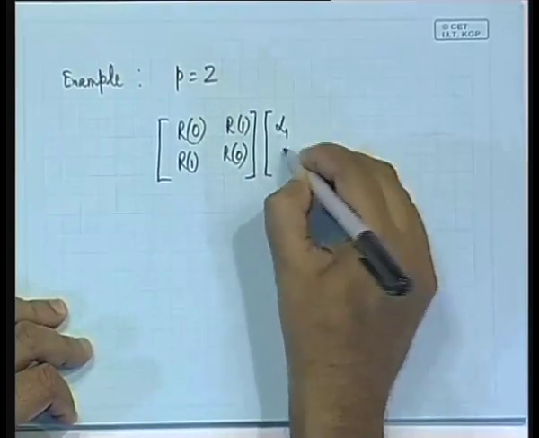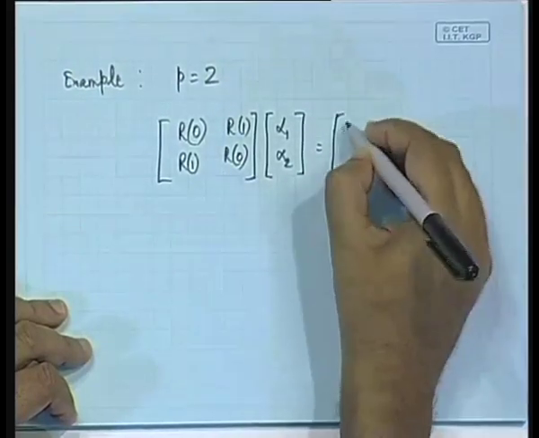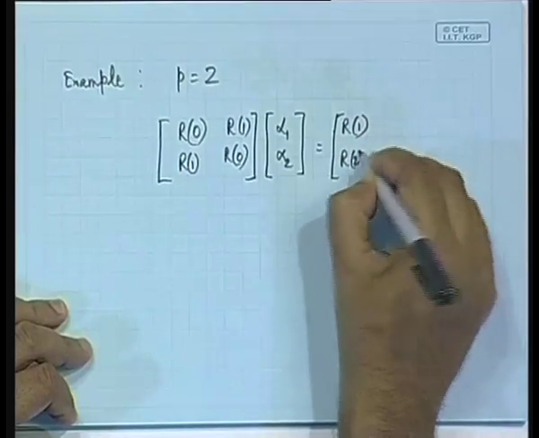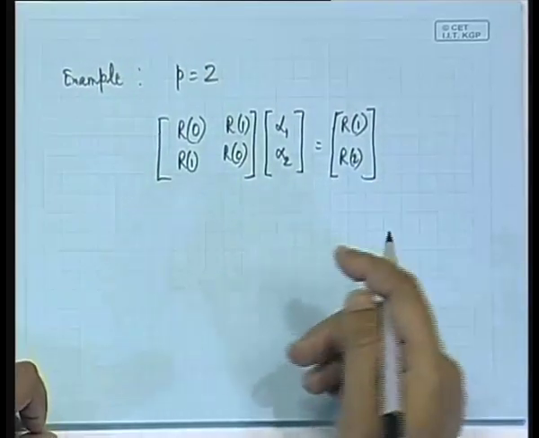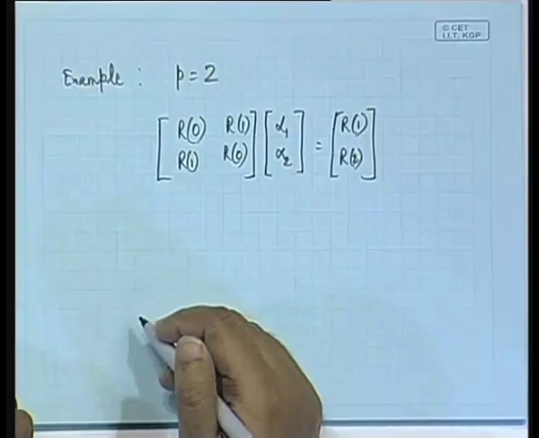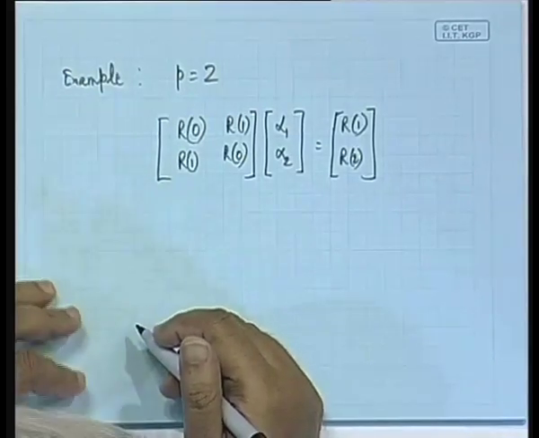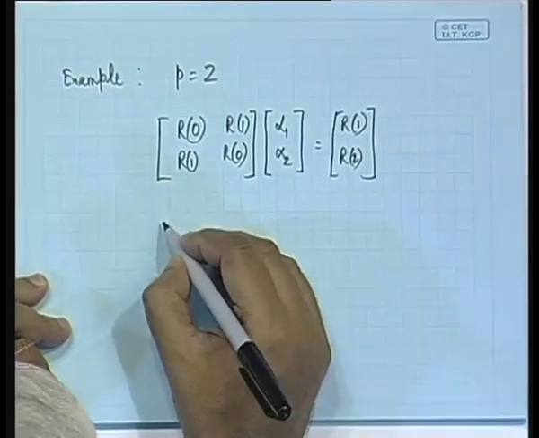Then this multiplies alpha_1, alpha_2, and equals R_1, R_2, and the idea is to solve for alpha_1 and alpha_2. So, going by our iterative approach that we presented, just have a look at the iterative approach and verify whether what I am writing is correct or not.